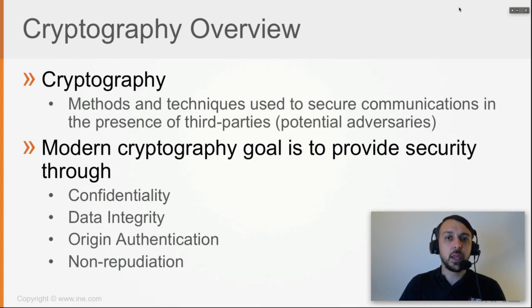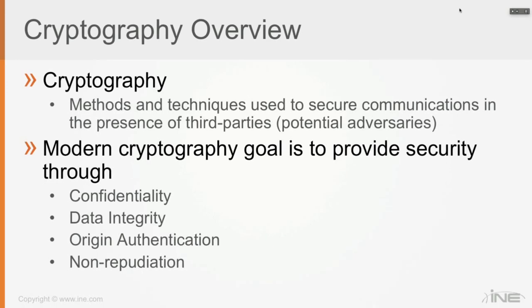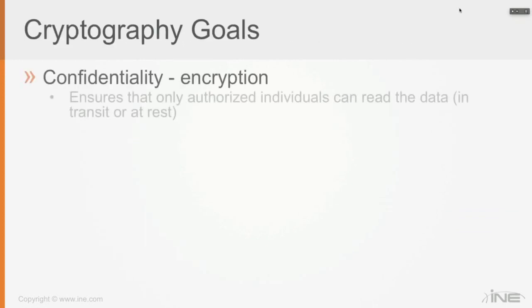Or at rest, say you have usernames and passwords stored in a database, you wouldn't want somebody unauthorized to go in that database, read the passwords in clear text and modify them as they please. Origin authentication means that we want to make sure that traffic is being received from the right person, and non-repudiation. We'll also speak in a couple of minutes about what that means.